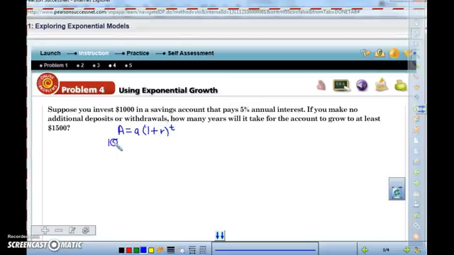So this time we want this to be $1,500 at the end. We're going to start with $1,000 and 1.05, and we want to try to figure out t. So what we can do is use our calculators and look at our table to see how fast we could get to $1,500. Okay?